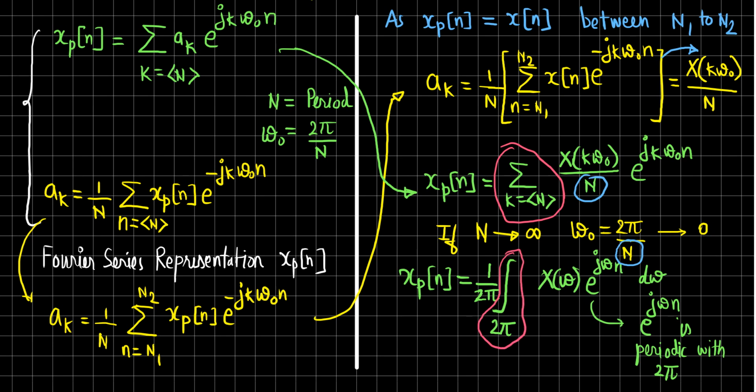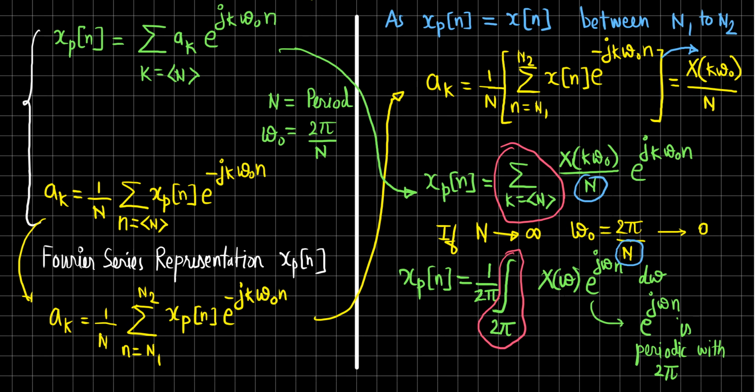And just because this k times omega naught turns out to be omega, capital X of k omega naught turns out to be capital X of omega.